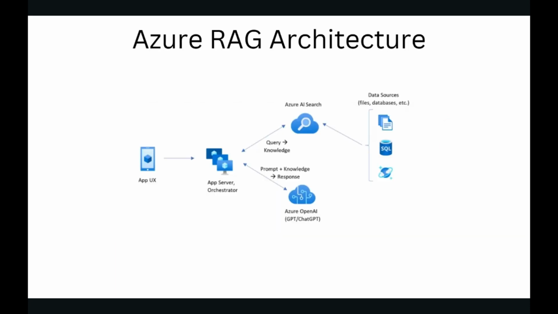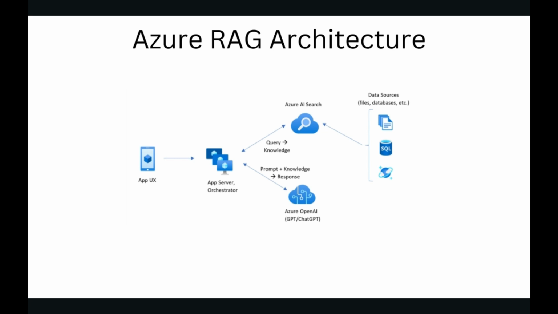So how will it look on Azure? In Azure, initially there is a UI from which you send some information for retrieval purposes. In Azure we use AI Search, where we input the data and vectorize it. I already have two trainings on the RAG, where I'm showing in Azure AI Studio how to do the retrieval and vectorization.